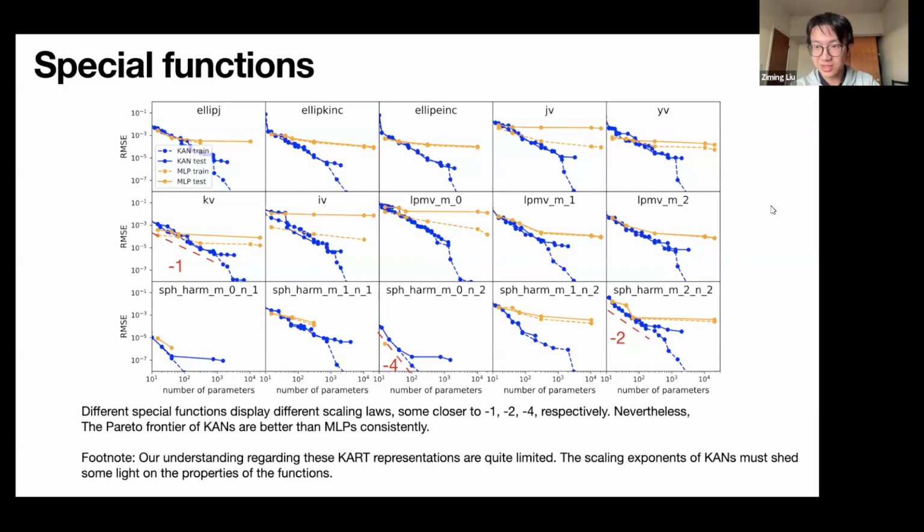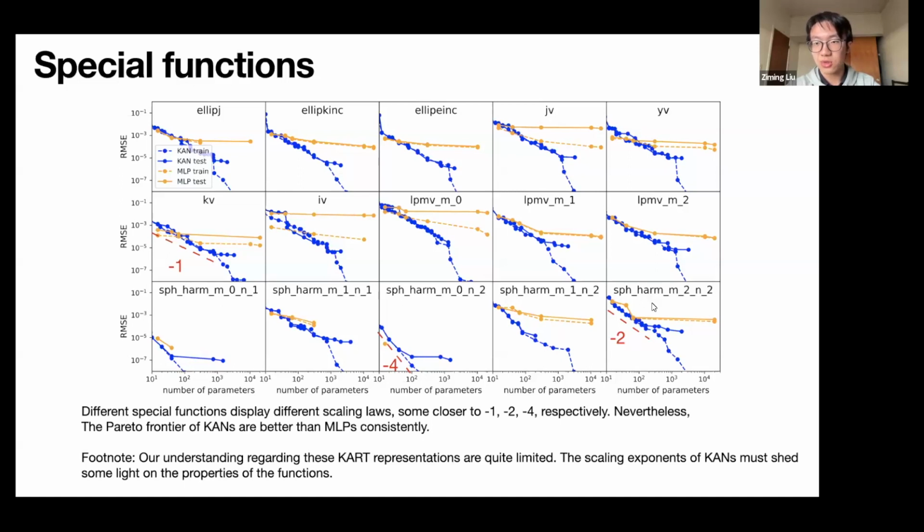And what's interesting is that the scaling laws, although not always being -4, can tell us something interesting about the function to be approximated. If you look at the spherical harmonic here, M0, N2, the scaling is -4, indicating that this function must have some interesting compositional structure to allow a compact, smooth Kolmogorov-Arnold representation.